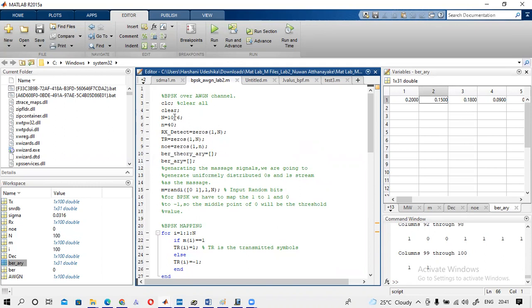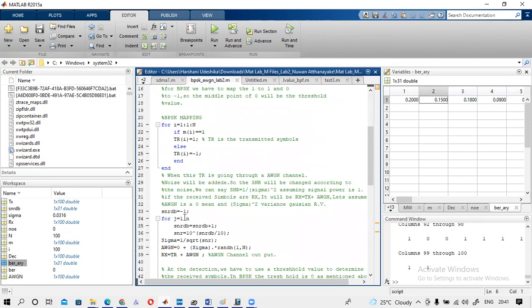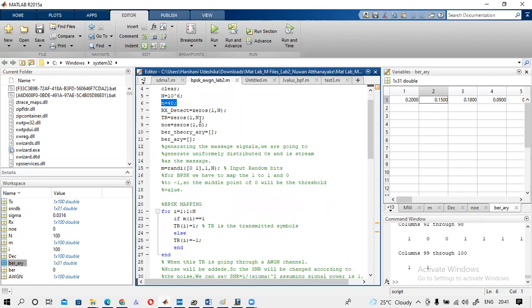You can see that here I'm generating a very high number of bits. This n is my SNRDB value, I think the maximum SNRDB value, up to 40.